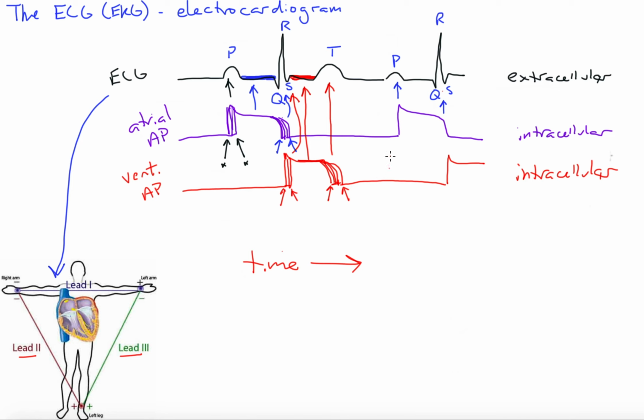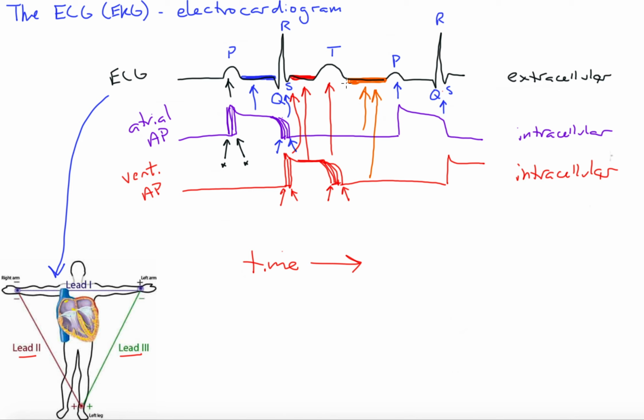Okay, we're not quite done yet, because after the T wave, before our next P wave, we have this TP segment, right here. That's isoelectric. But why is it isoelectric? Check it out. The atria are at rest. The ventricles are at rest, which means that they are not contracting.